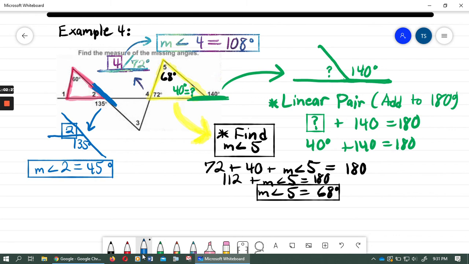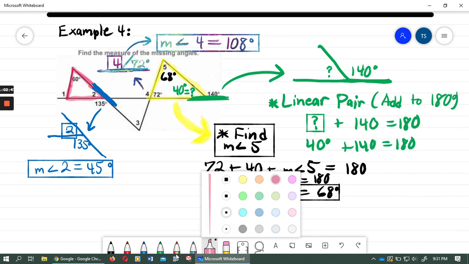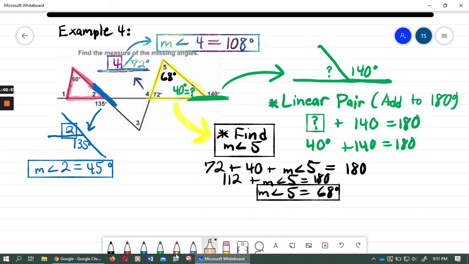Now we have found three of these missing angle measurements. We have one more to find, and that's angle 3. Let's do orange right here.